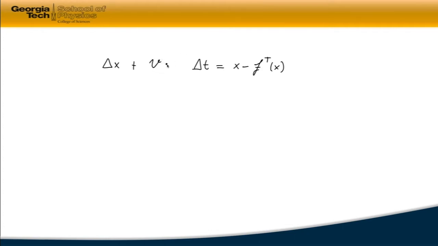Remember, delta t was multiplied by the velocity function evaluated at the final point, and delta x is multiplied by Jacobian minus identity matrix.